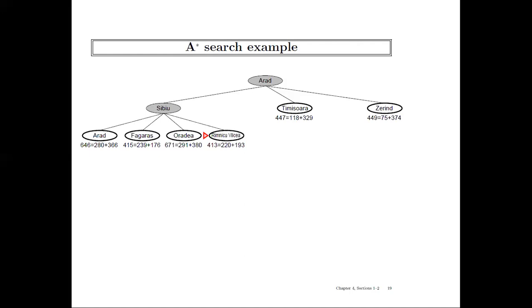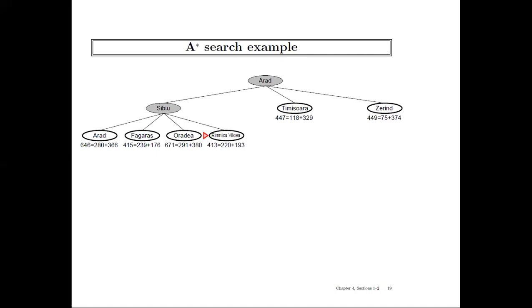To Oradea, 291 is the g(n) value, 380 is the h(n) value. To Rimnicu Vilcea, 220 is the g(n) value, 193 is the h(n) value. And from Sibiu to Arad, 280 is the g(n) value plus 366 is the h(n), so you get the totals. Now, if you see all the totals, there are actually 6 paths which are unexpanded right now.